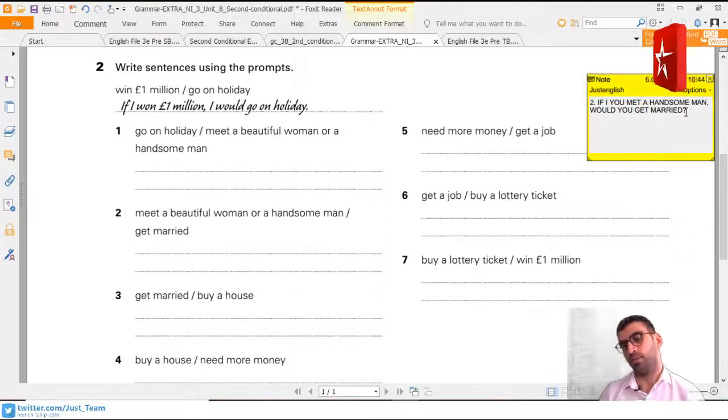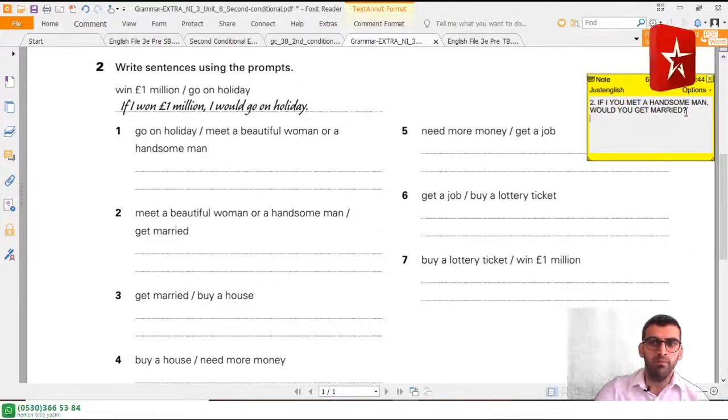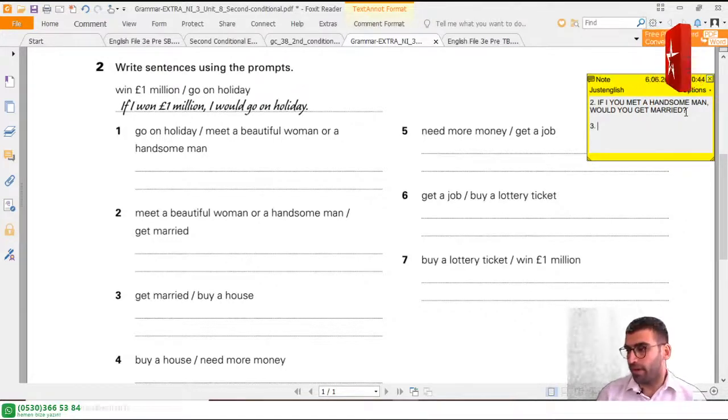And what about number 3? Get married, buy a house. Number 3. If I got married, I would buy a house.